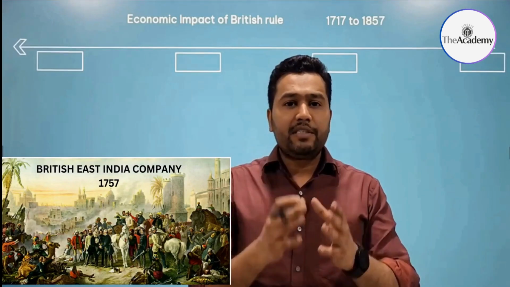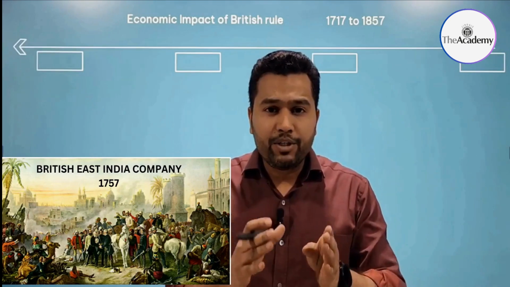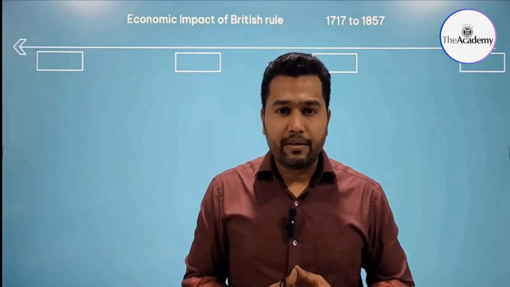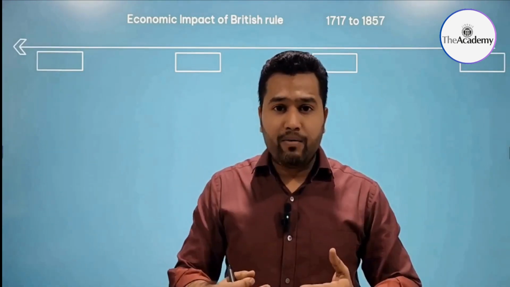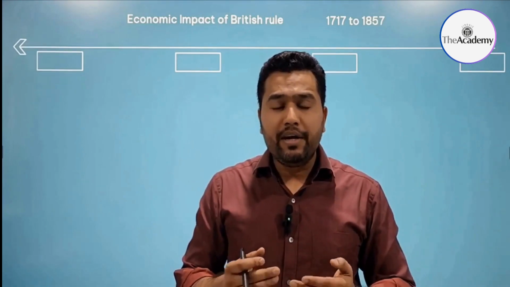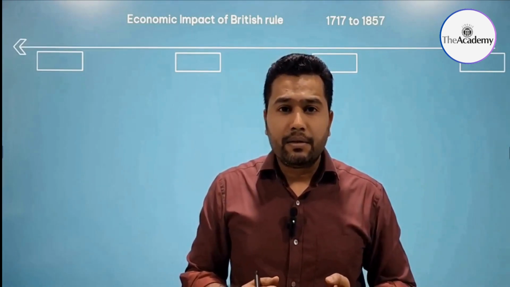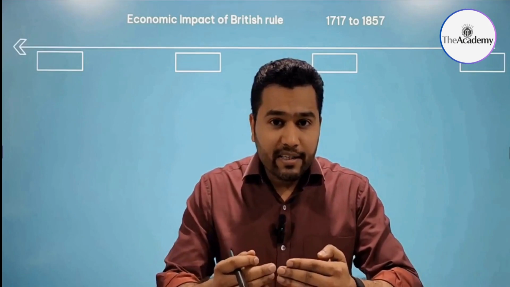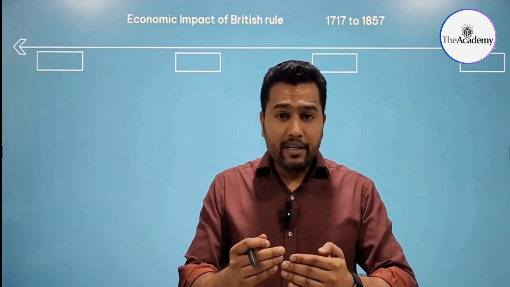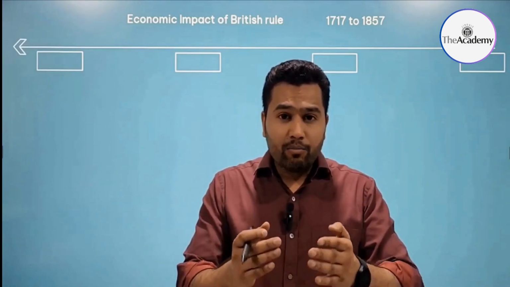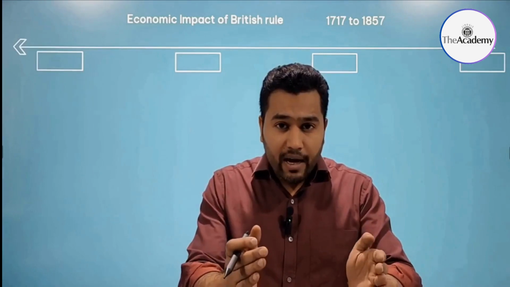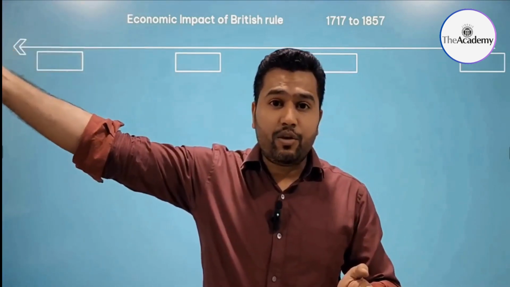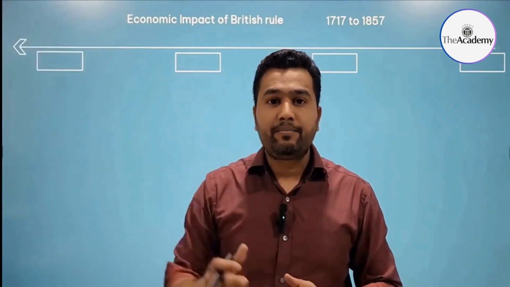After 1757, when the British East India Company acquired political power in India, it started colonizing India, gradually subordinating India's economy and society to the needs of the metropole, that is England.